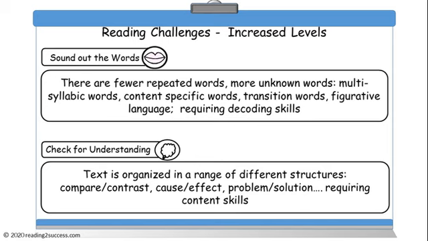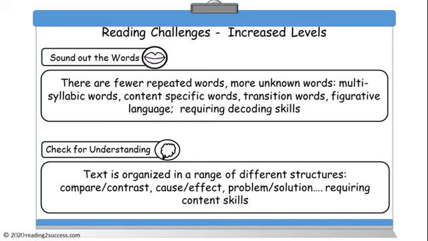As kids move from beginning readers to more proficient readers, the text becomes more challenging. There are few to no pictures, and kids will need to sound out harder words, multisyllabic, content-specific, transition, and figurative language, requiring decoding skills.